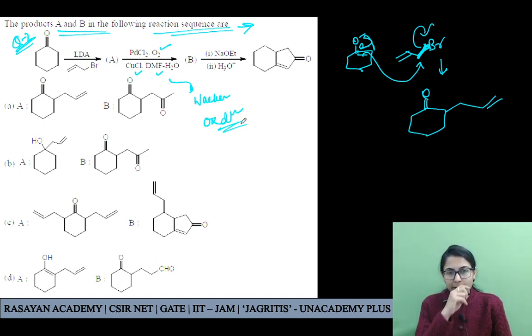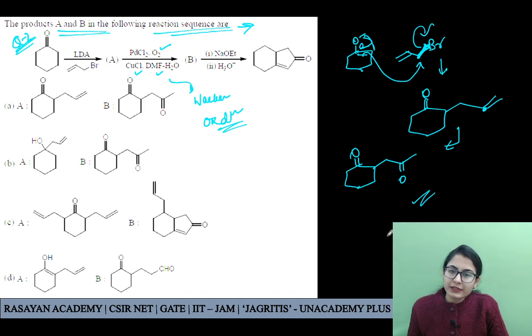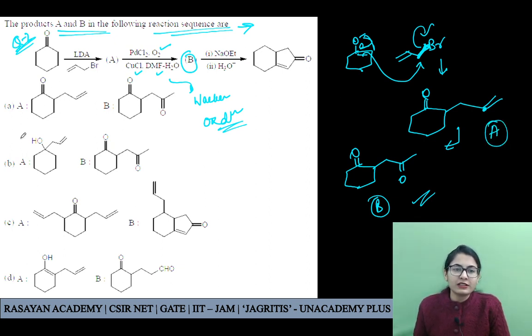It is Wacker oxidation. And you have this alkene, that too a monosubstituted alkene, so it will be converted into a ketone. Yes, so it is converted into a ketone. Now this is your B. Who was A? A was your allyl group added on the ketone.